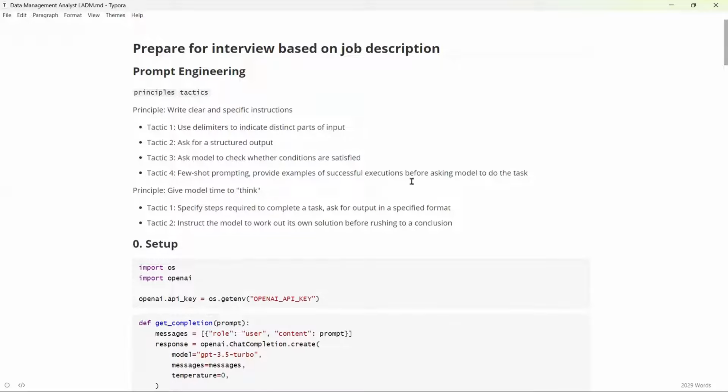We use OpenAI and prompt engineering, and there are several principles and tactics. The first one is write clear and specific instructions, and the second principle is give the model time to think. I think for this case, we use at least 3 tactics. First, use delimiters to indicate the distinct parts of the input.